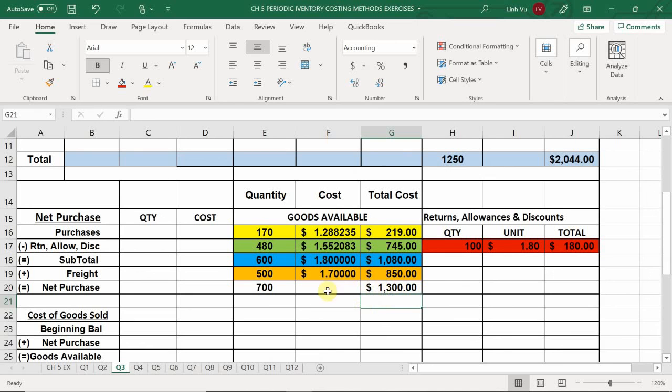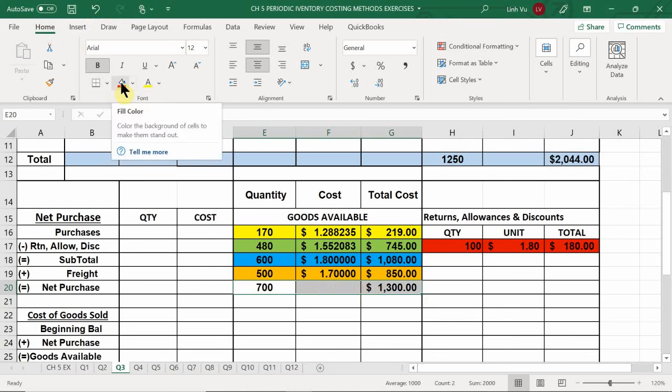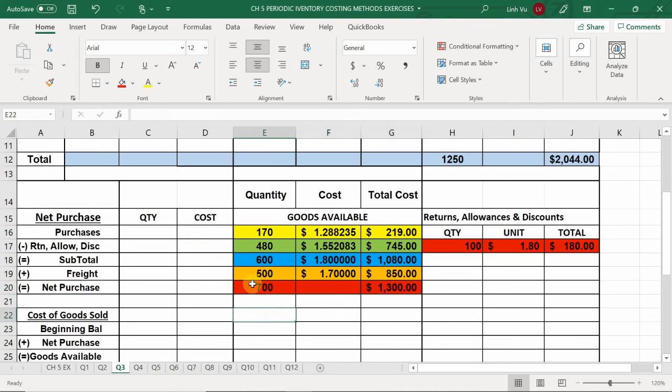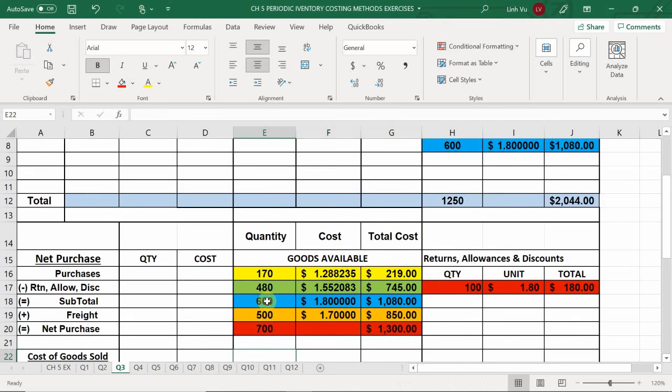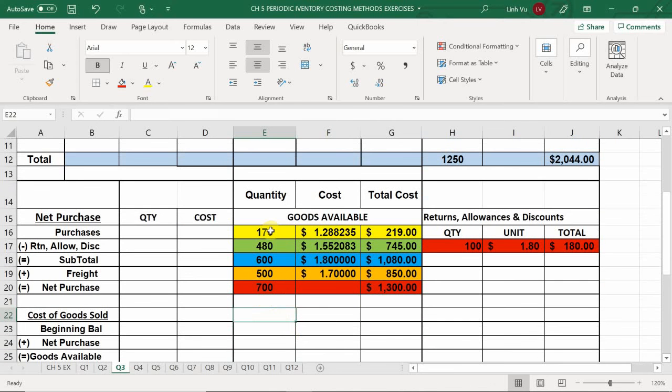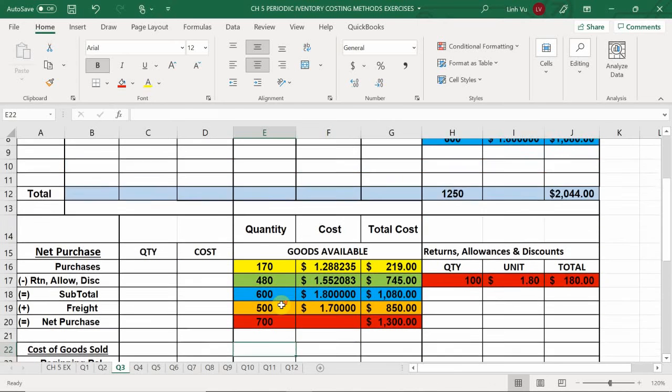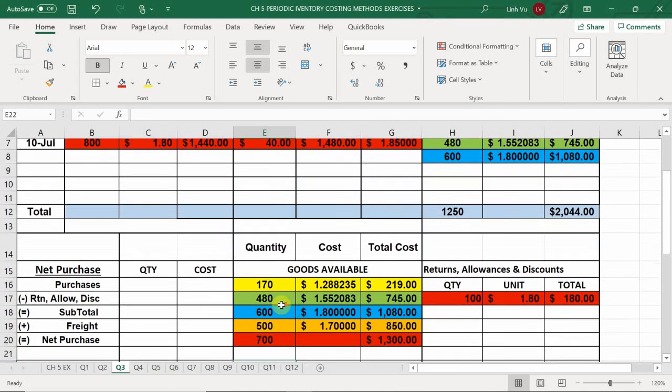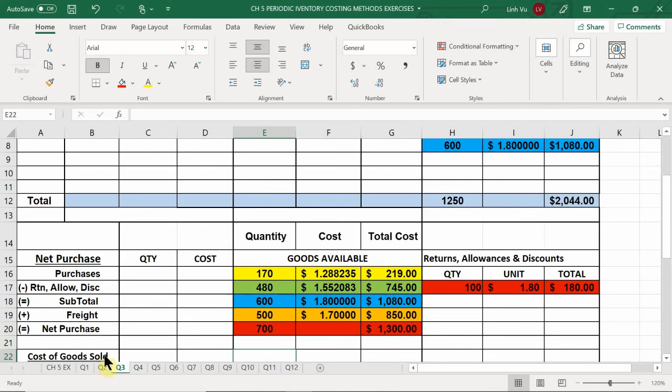So here, it's just simpler to just take the total cost and then subtract out your returns to get a grand total of 1,300. That way you don't have to do extra math. And there you go. That's my red batch of inventory. So now I have 5 batches of inventory. Let's see what happens next.